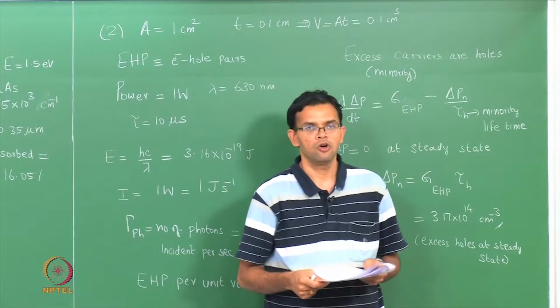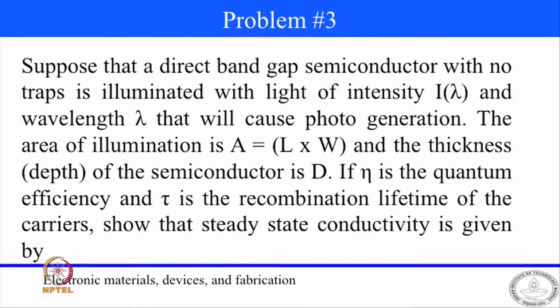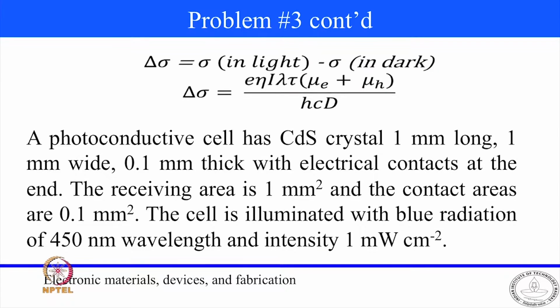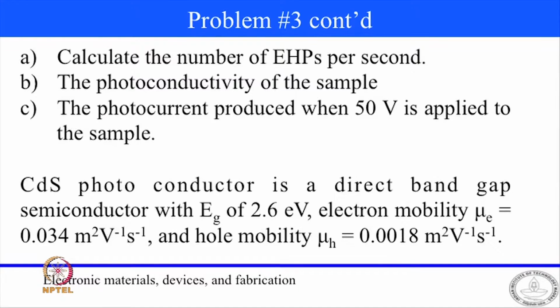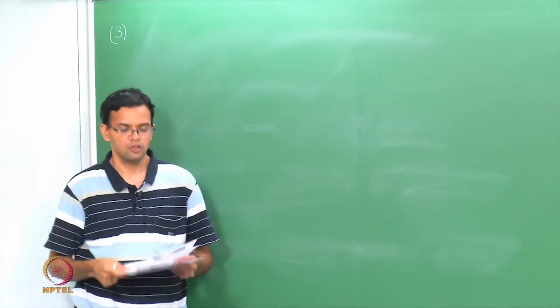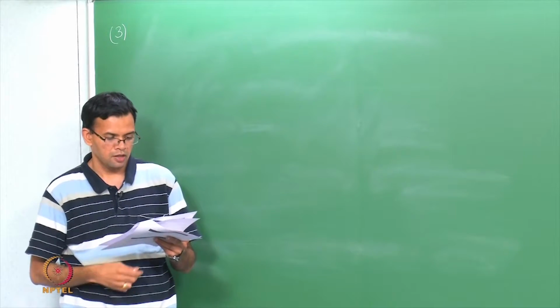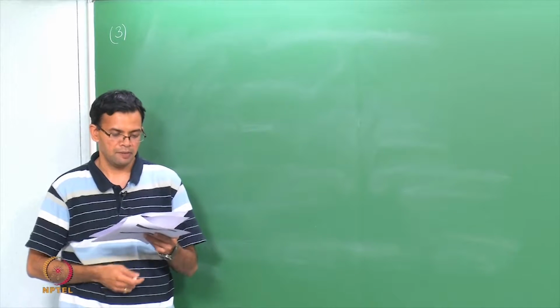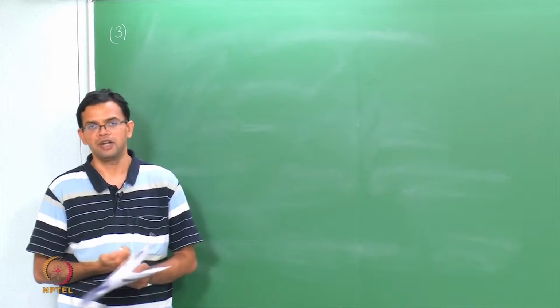So, let us now go to problem 3. So, problem 3, we have a direct band gap semiconductor with no trap states.